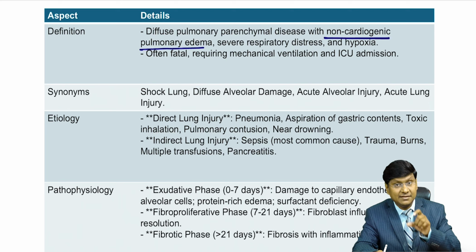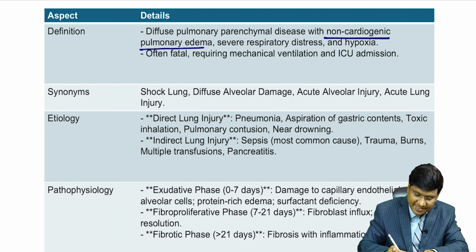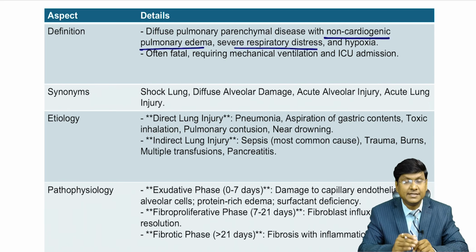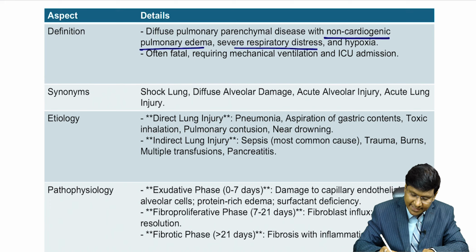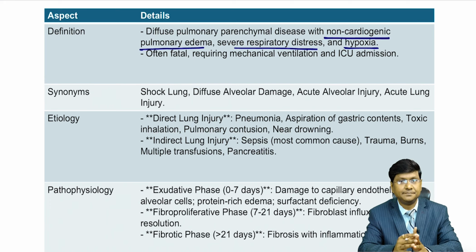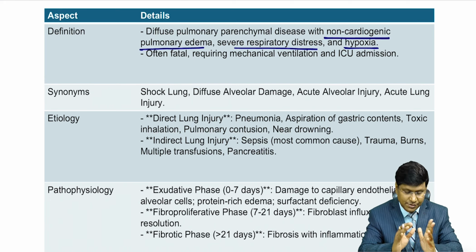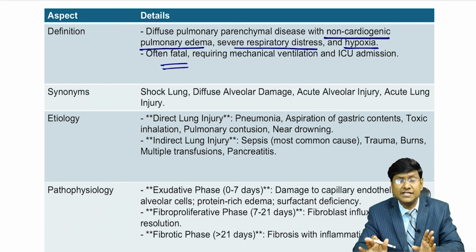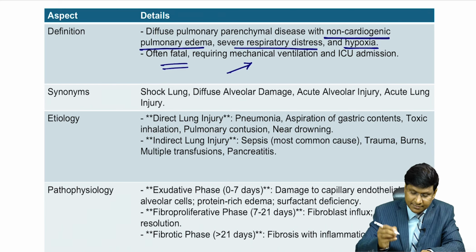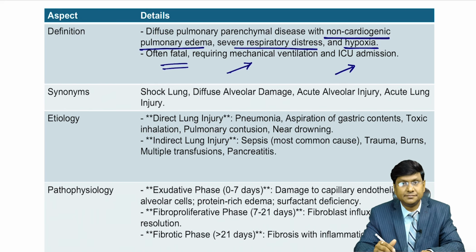In these individuals, there will be sudden onset dyspnea, severe respiratory distress, and hypoxia. That is the definition you observe in case of ARDS. And this is often fatal, and requires mechanical ventilation as well as ICU admission, right?